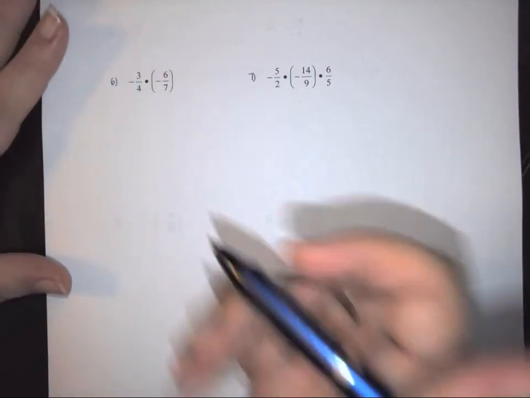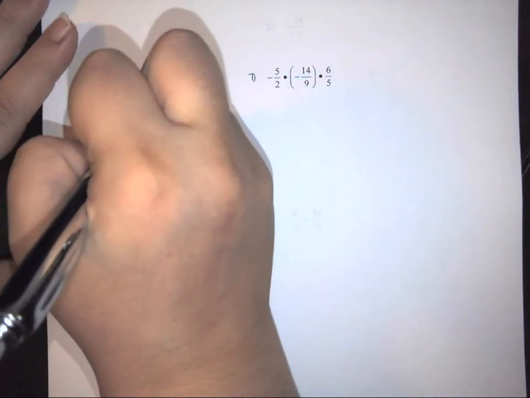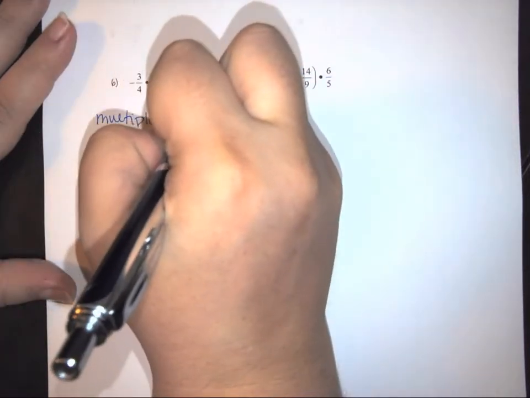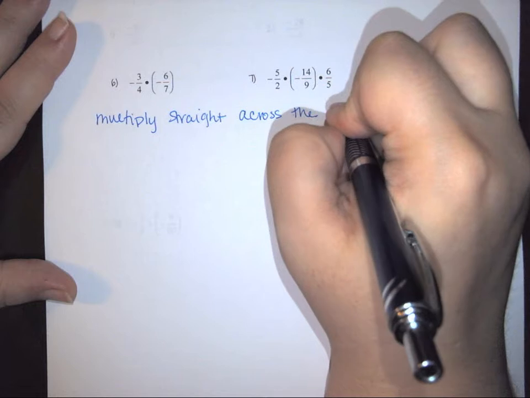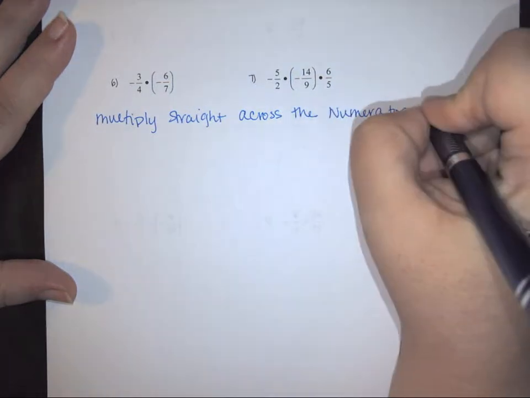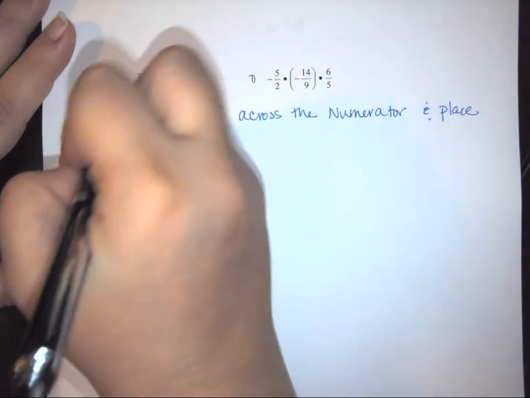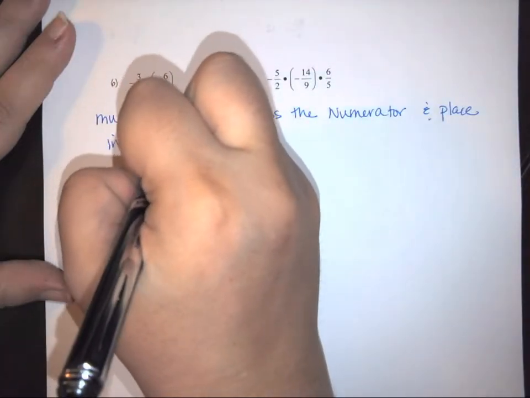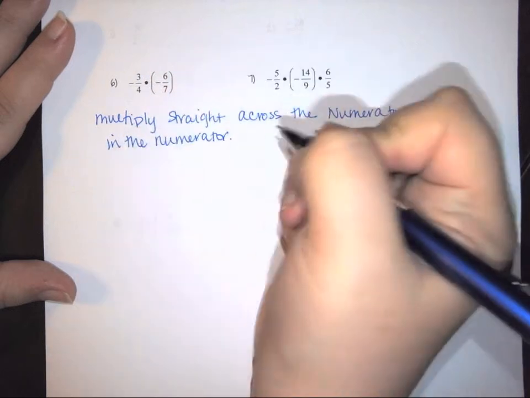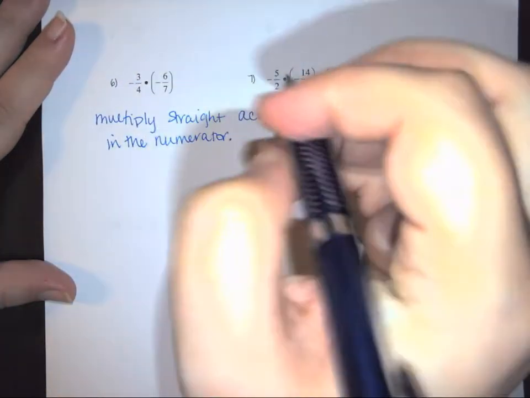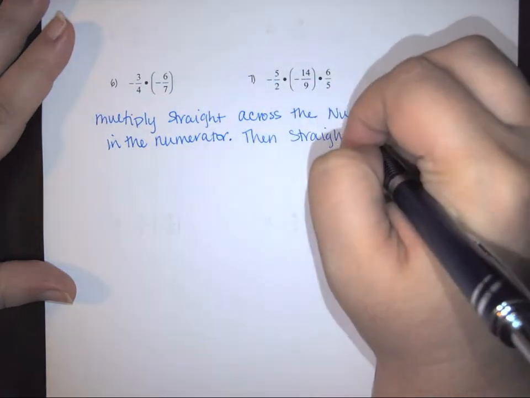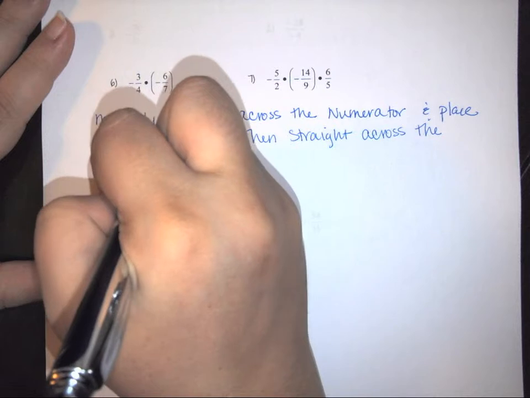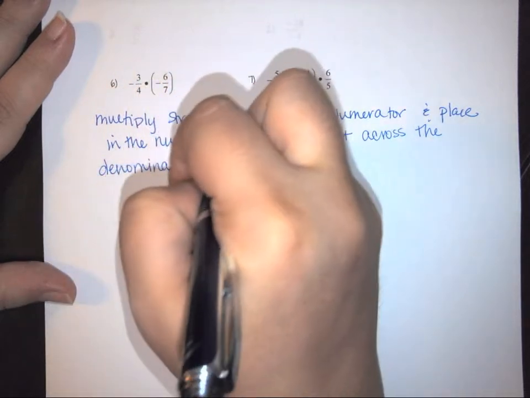The rule with fractions is you multiply straight across the numerators and place the result in the numerator, and then straight across the denominators and place the result in the denominator.